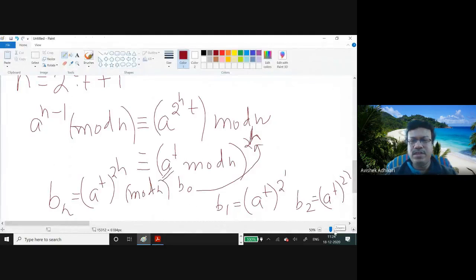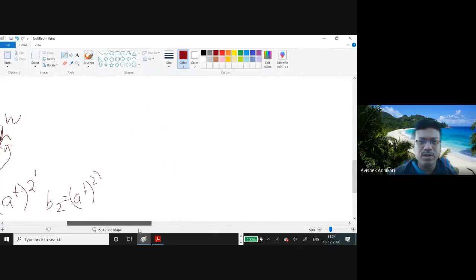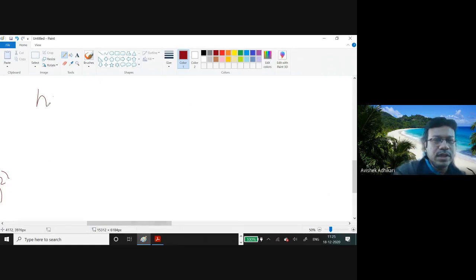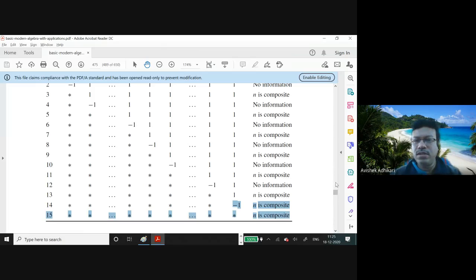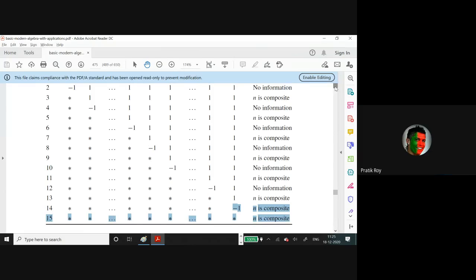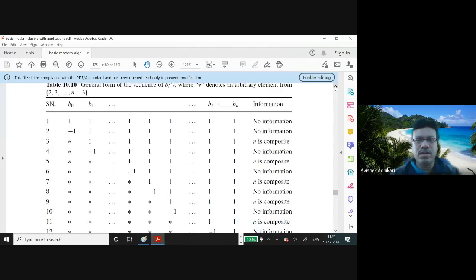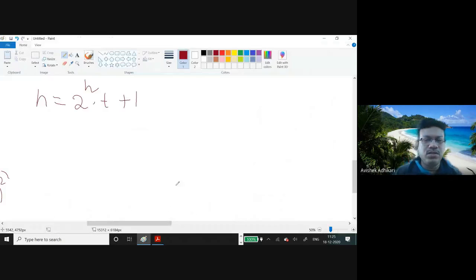So what is this last step? Last step is nothing but, so what is B_h? Again, if I write once again, this is 2 to the power h into t plus 1. It was the notation. Is the notation clear? Yes, sir. So what is my B0?